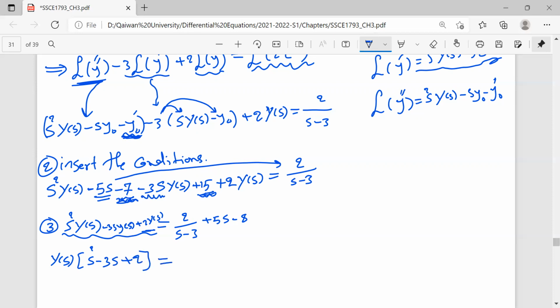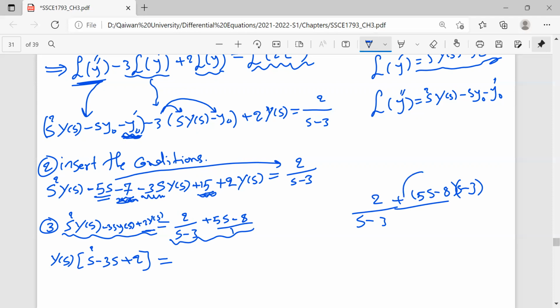It equals, here in the right hand side, we are going to find the common denominator. So the common denominator is s minus 3. 2 over s minus 3 plus 5s minus 8 times s minus 3.